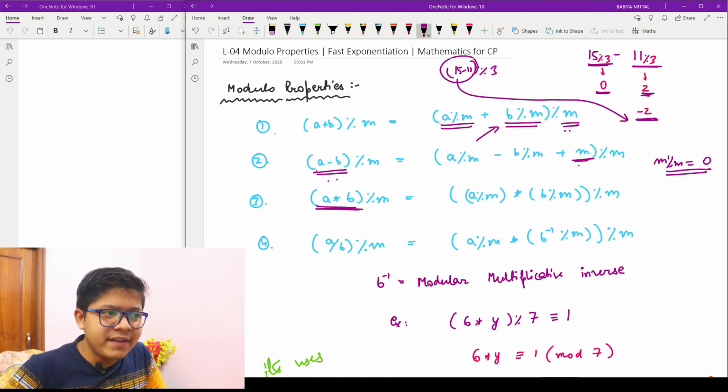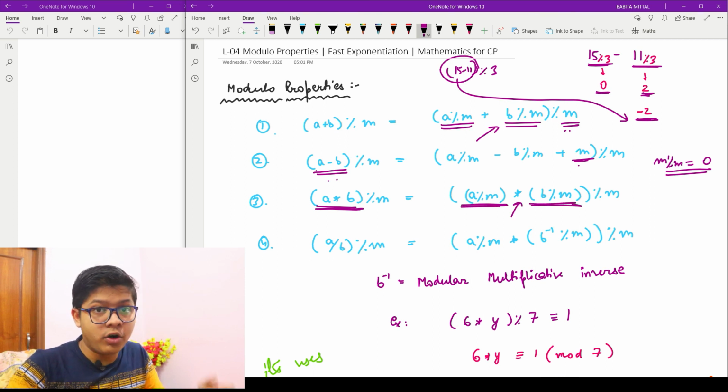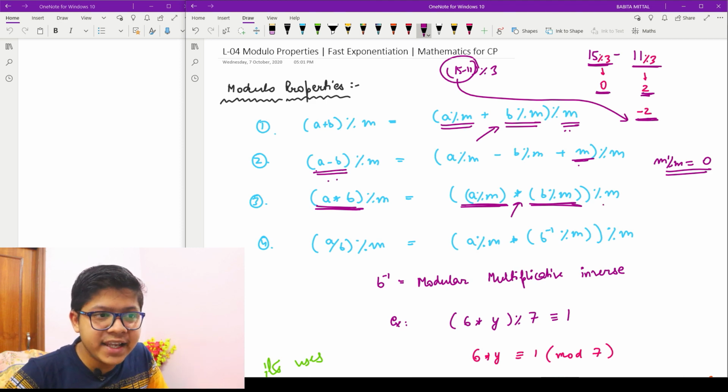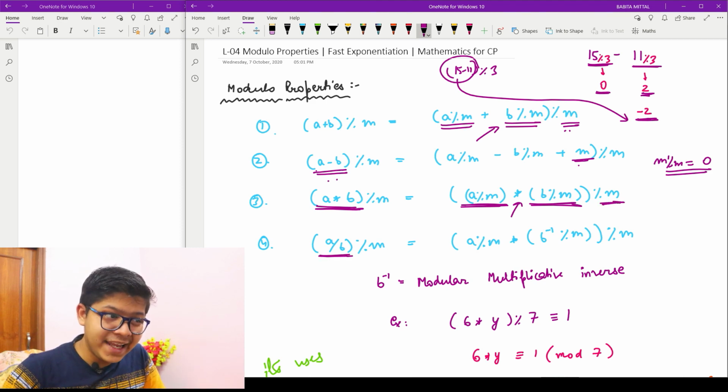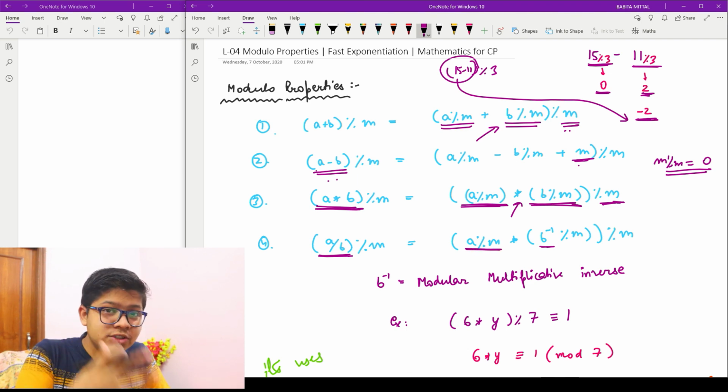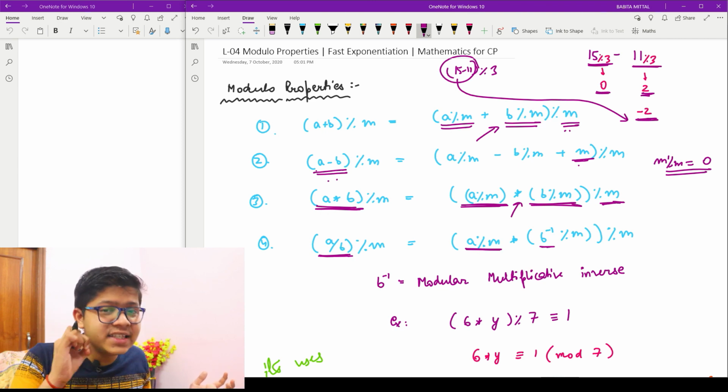Now if I have (a * b) mod m, same as we do above, I take the individual mods, then the multiplication of those, which means the original operation which I used to do, then again mod m. If I need to do (a / b) mod m, then it is (a mod m) times (b inverse mod m). Now b inverse is not simply the inverse, it is the modular multiplicative inverse.